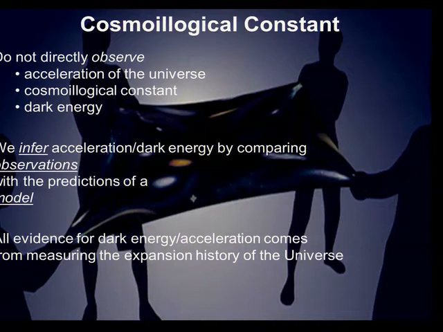We do not directly observe dark energy. We infer the acceleration, dark energy, etc., by comparing the cosmological observations with predictions of a model. And all evidence for dark energy, acceleration, etc., comes from measuring the expansion history of the universe. And that's done in terms of a model.